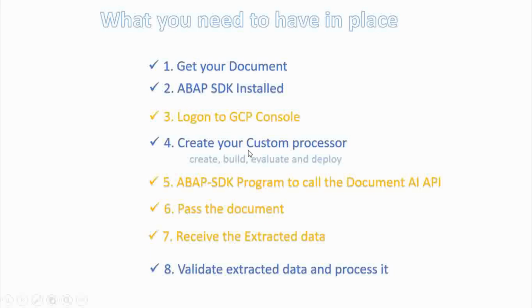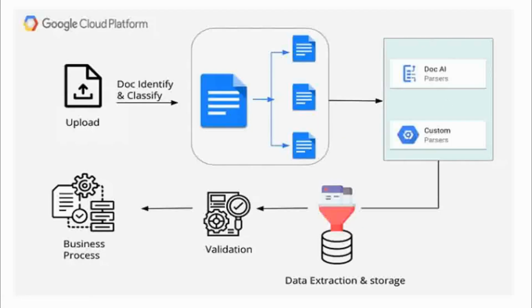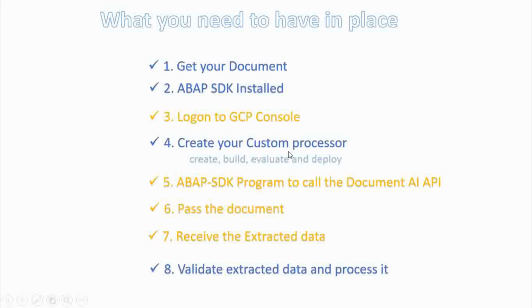After that, we will log into the GCP console and create my own processor, as I explained in this diagram. This one I am going to define in my Google console. I will define it and build it.